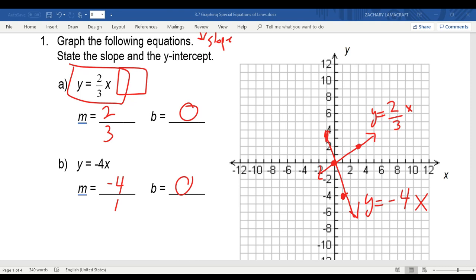So this should be 3/4, right? That should be -2/3. And then this should be -2. Oh, did I forget one of them? Oh, I'd have to take a peek at that.